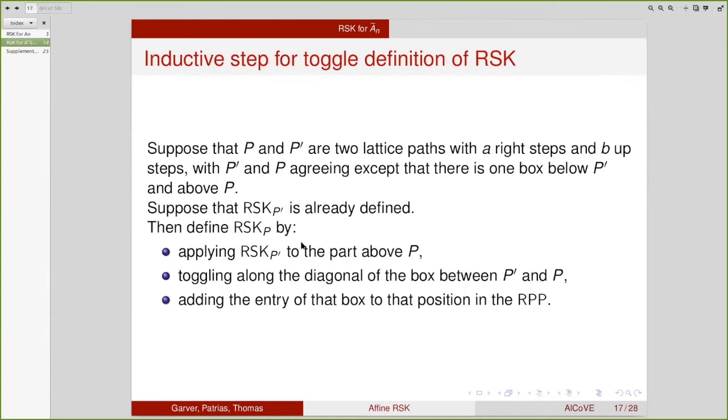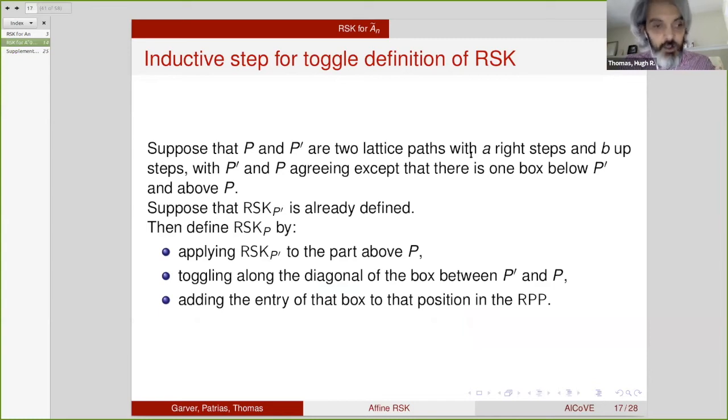There's also a Toggly definition, and again, it's very, very similar. So the inductive step is we have these two lattice paths with the same number of right and up steps, and they agree except that there's one box below P prime that's above P. And suppose we already know how to do RSK for P prime, then we get an RSK for P by applying RSK for P prime to the part that's above P prime.